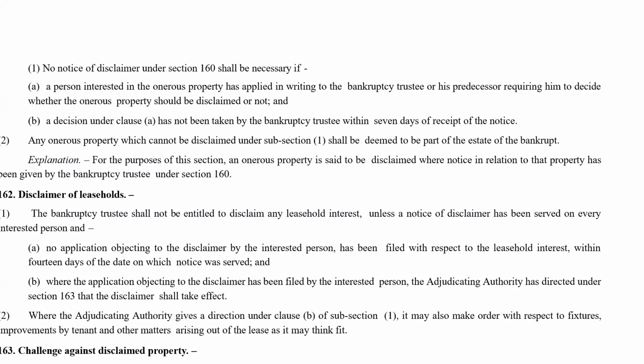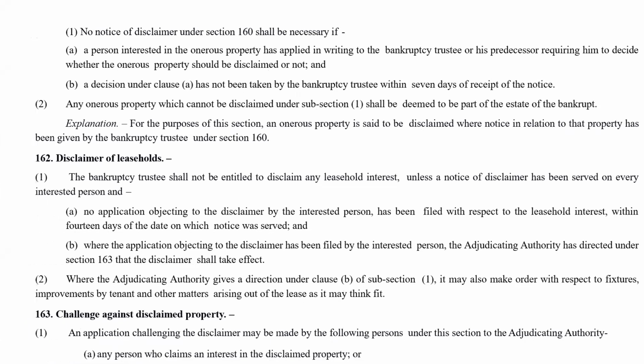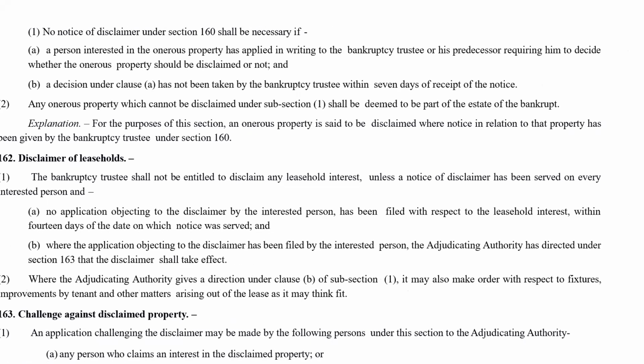Now 162, disclaimer of leaseholds. So similarly, there may be some freehold property, there may be some leasehold property also. So suppose a lease is there, in that case you can disclaim it if it is unprofitable, if it is not saleable. The bankruptcy trustee shall not be entitled to disclaim any leasehold interest unless a notice of disclaimer has been served on every interested person.